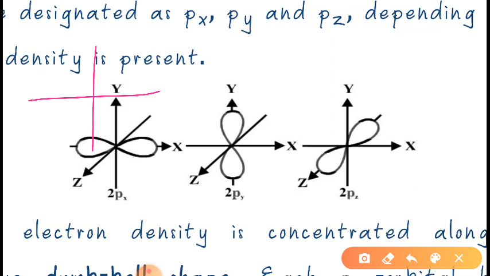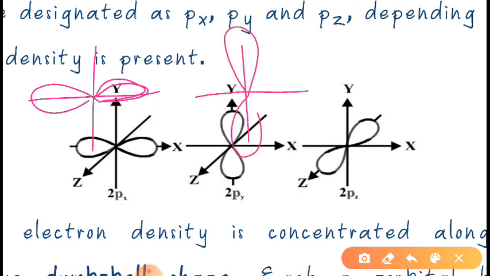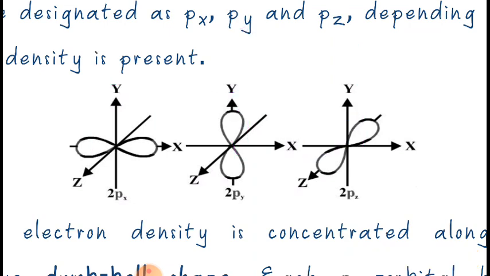If it is along the x-axis, it will be 2px. If it is along the y-axis, it will be 2py, and if it is along the z-axis, it will be 2pz, as you can see here.